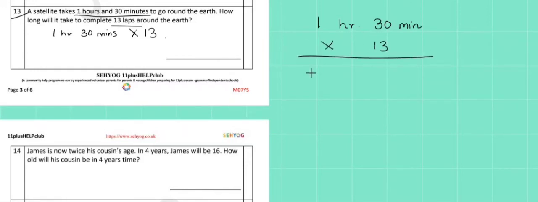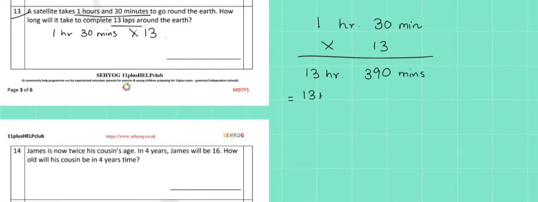In question number 13, a satellite takes 1 hour and 30 minutes to go round the earth. So how long will it take to complete 13 laps? So we will have to multiply 1 hour 30 minutes by 13. So it is 13 times the time. So each we will multiply separately. So 13 times 1 is 13 hours, and 13 times 30 is 390 minutes.